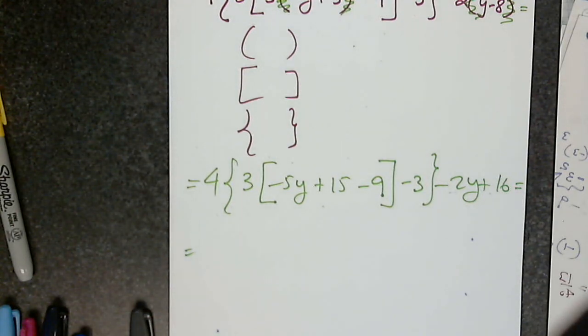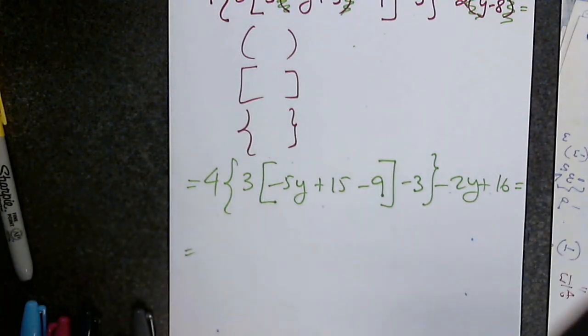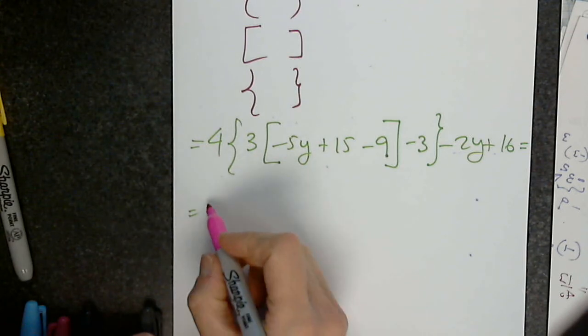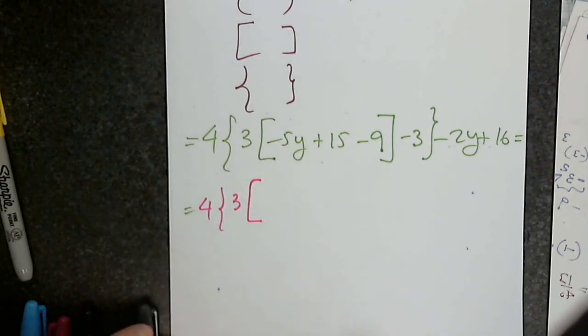What do I have to do first? Exactly. I have to combine like terms here. Don't do anything before you combine like terms in here. Well done. I copy as is, the 4. I copy braces, I copy 3, I copy the bracket.